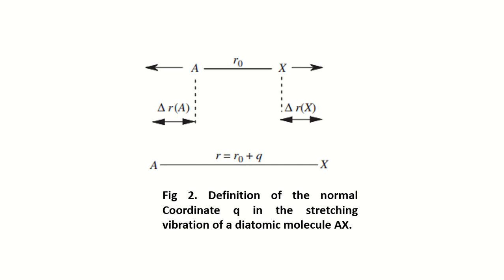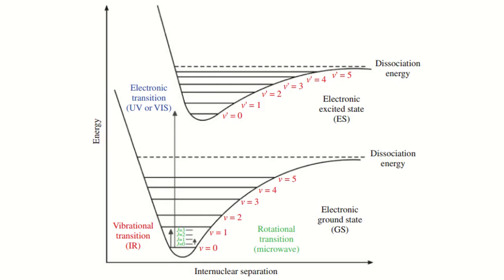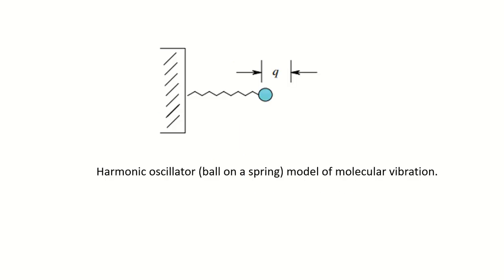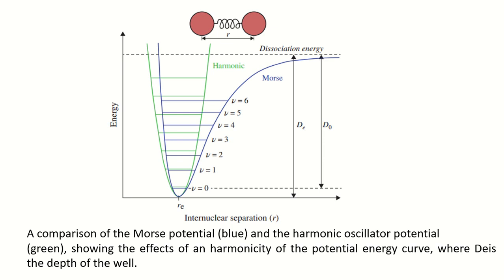The resulting vibrational quantum levels for harmonic oscillators are shown in this diagram. Notice that the molecule has a zero point energy even at 0 Kelvin, and that the vibrational levels are evenly spaced. In reality, most molecules, even diatomic ones, do not behave harmonically.